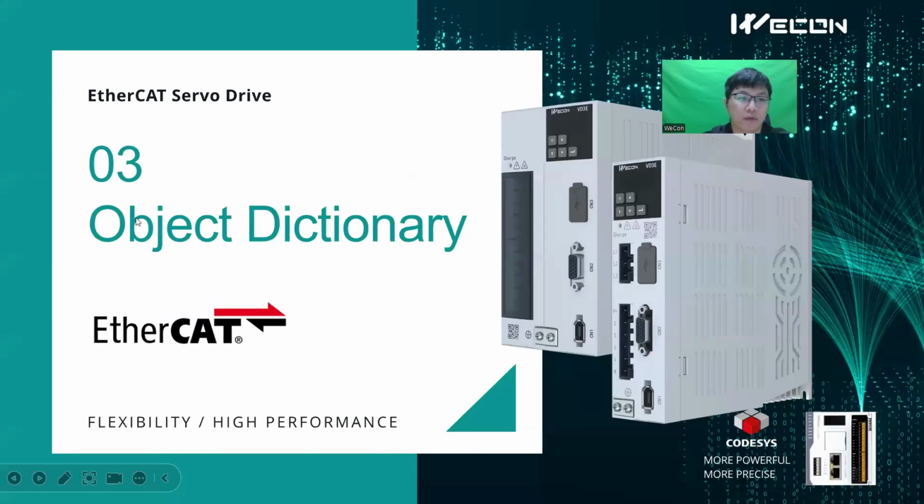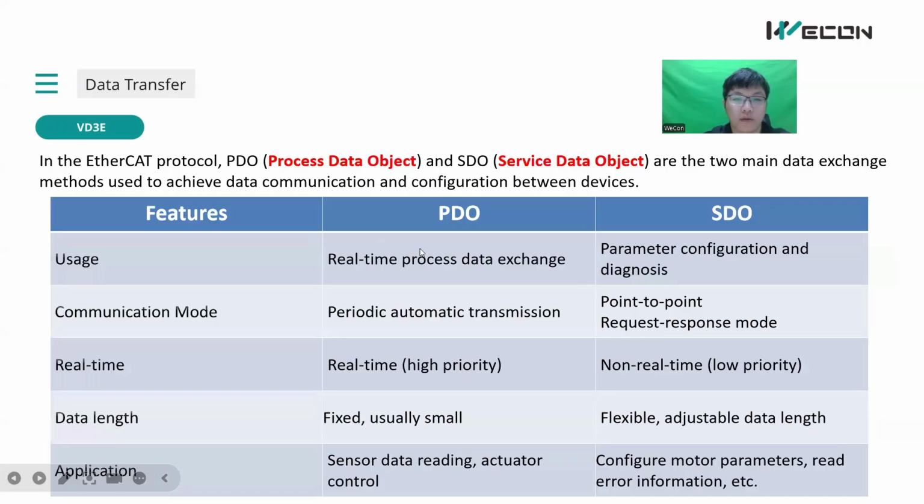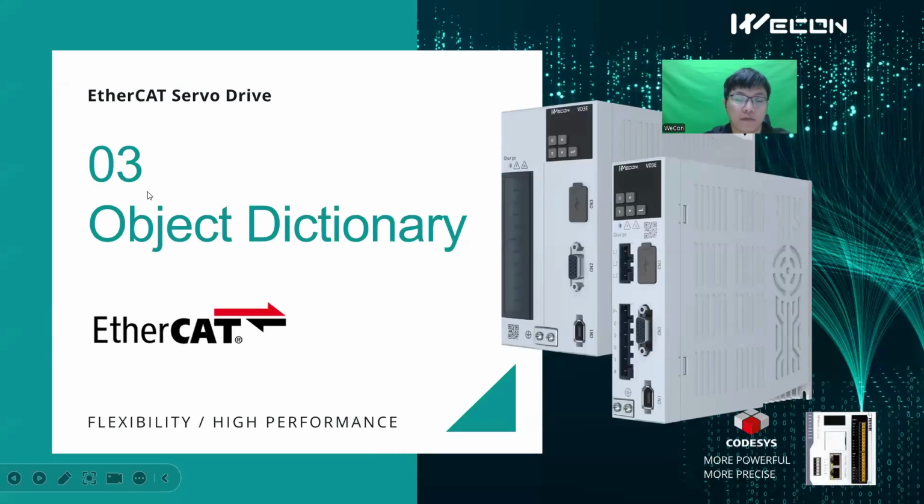Okay, and now I will introduce the object dictionary. How to understand this term?